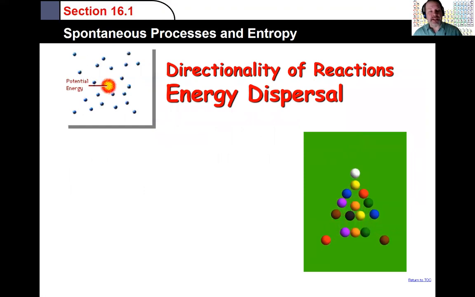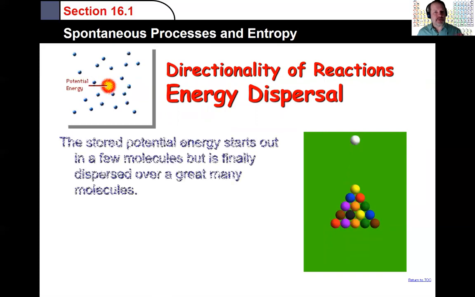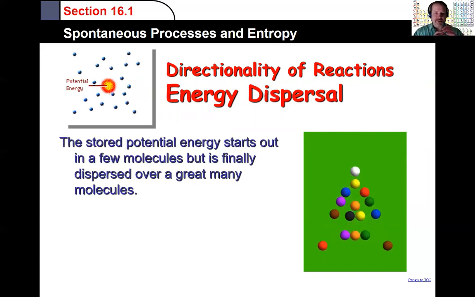So in our minds, we have this force then that we want to think about and to represent when molecules are spreading out. So if the energy is in a few molecules, then entropy pushes it out to spread out, kind of like these billiard balls here. As the cue ball hits them, they spread out, the molecules spreading out.